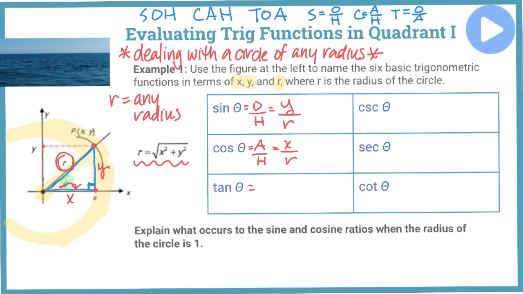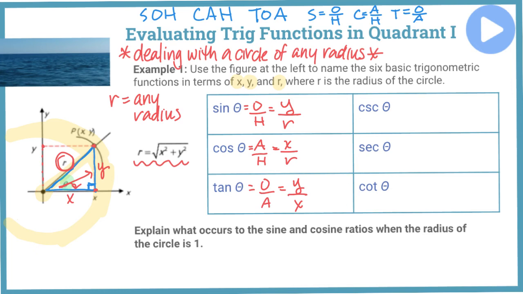And then tangent is always opposite over adjacent. Opposite is still y, and adjacent is still x. And you can see that the tangent for the circle of any radius is exactly the same as the tangent of the circle with a radius of 1.